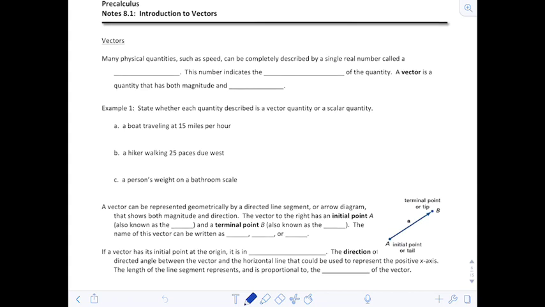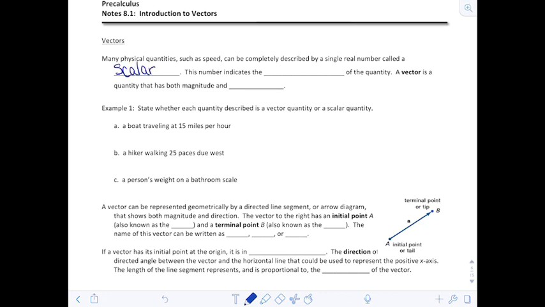Okay, so as we start talking about vectors, if you've had a physics class before, you're probably very familiar with vectors. We're just going to start laying the foundation for terminology and descriptions of vectors. It says many physical quantities, such as speed, can be completely described by a single real number called a scalar.